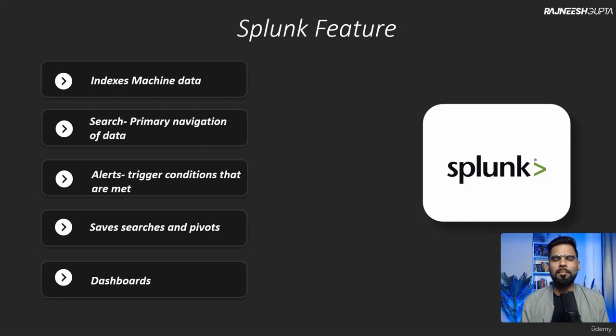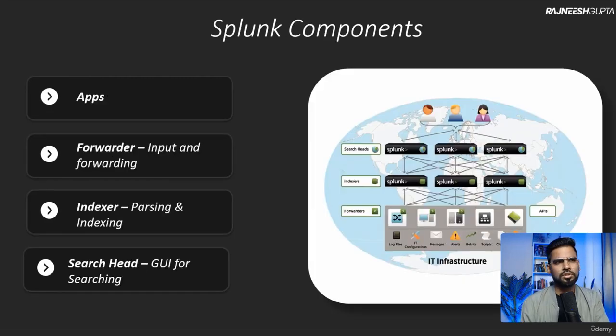It's the default behavior of a SIEM tool. It has search and primary navigation of the data. There's primary navigation for collecting and looking at all the data which is present. I'll of course be showing you the actual tool. That's where you get more clarity. Alerts and saved searches, you can pivot it, you get the lovely dashboard. These are some of the features of Splunk.